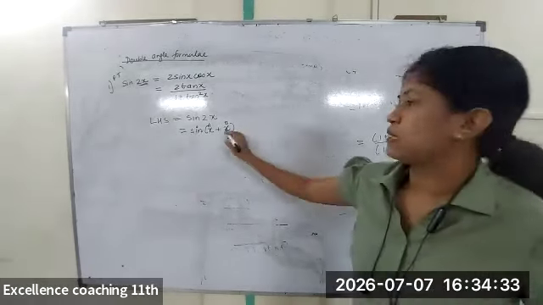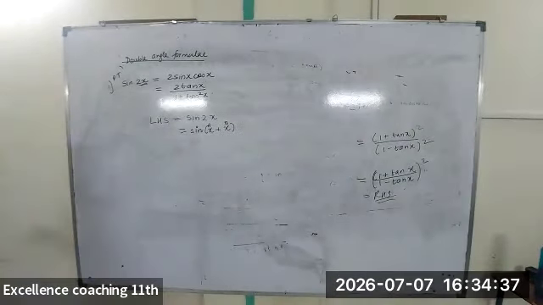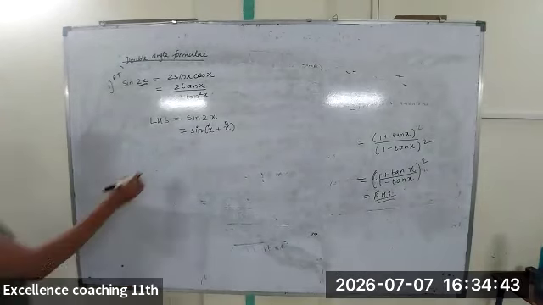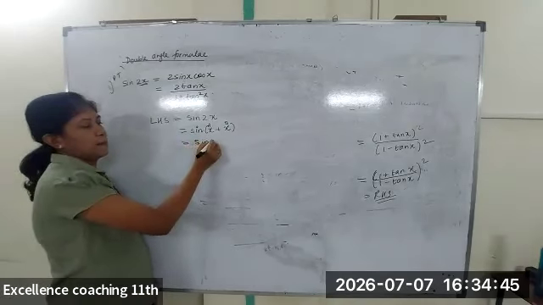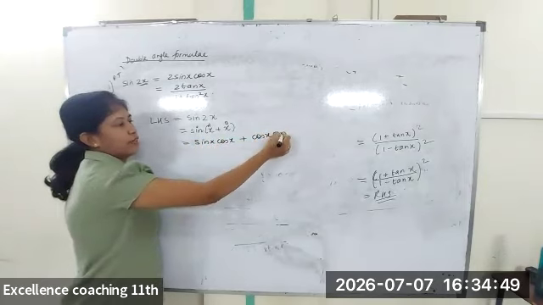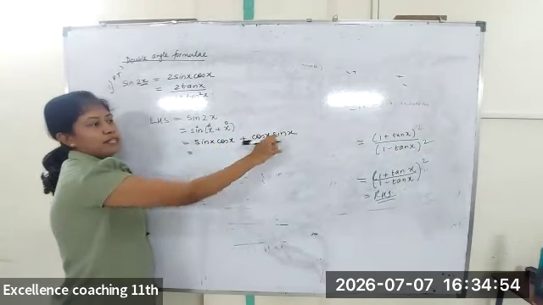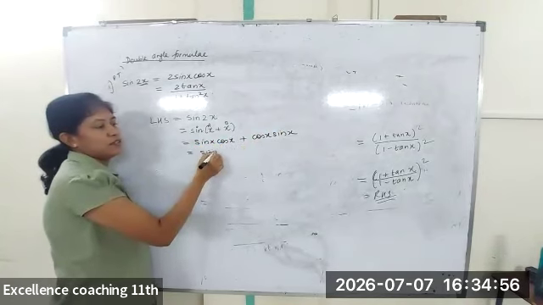Okay, sine of A plus B formula, right? So sine x cos x plus again cos x, both A and B are same, doesn't matter. So this is like A into B and this is B into A. So I can write it the same.